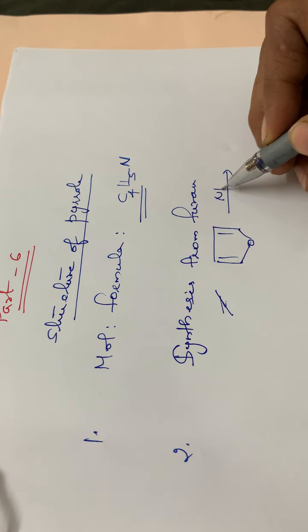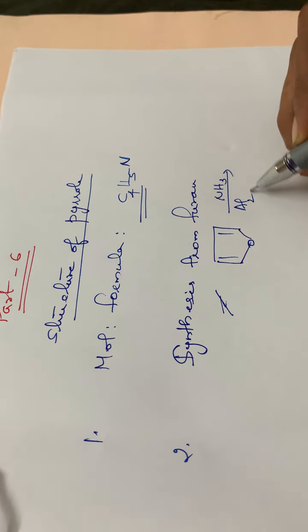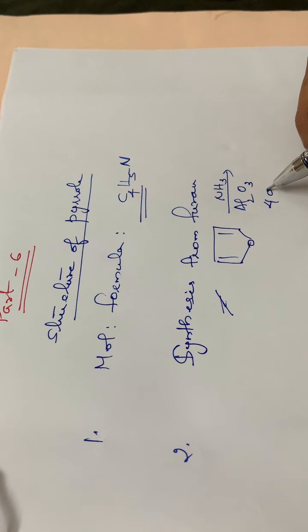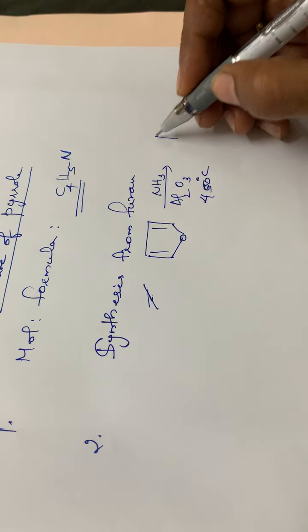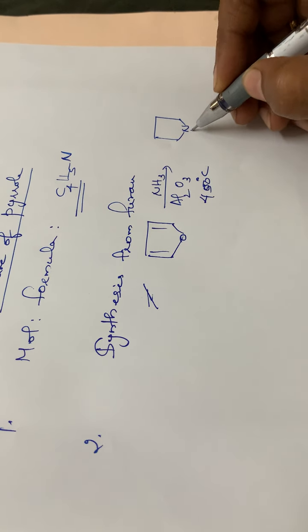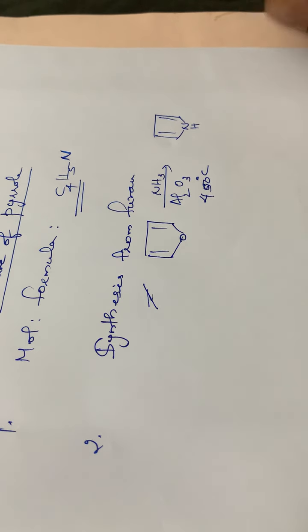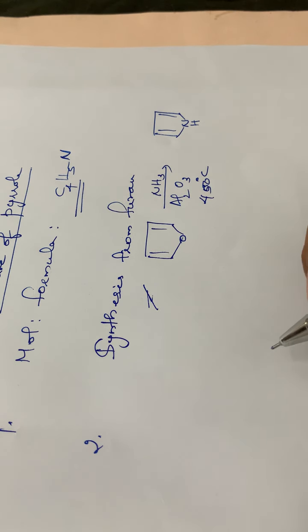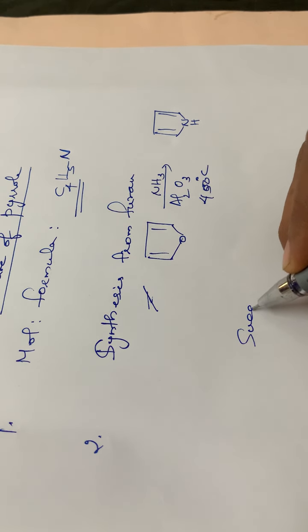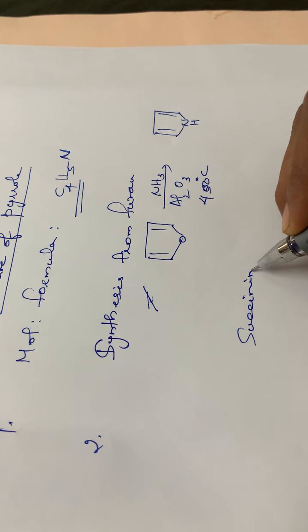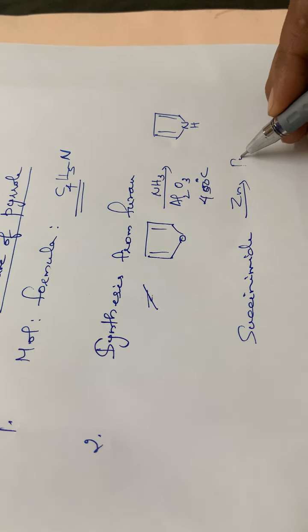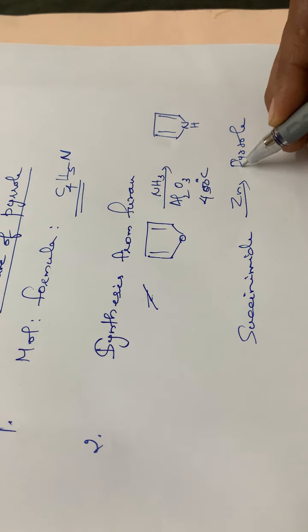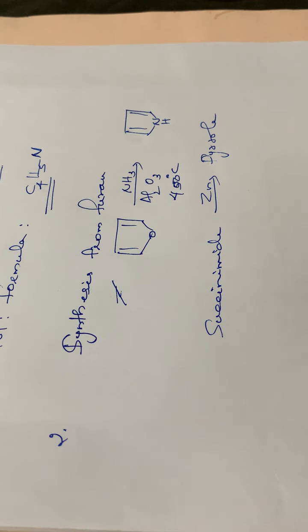Furan on treating with ammonia in presence of alumina at 450 degrees Celsius gives pyrrole. That is one reaction showing the synthesis of pyrrole. Then the next is from succinimide. Succinimide on reaction with zinc gives pyrrole. That is another reaction.